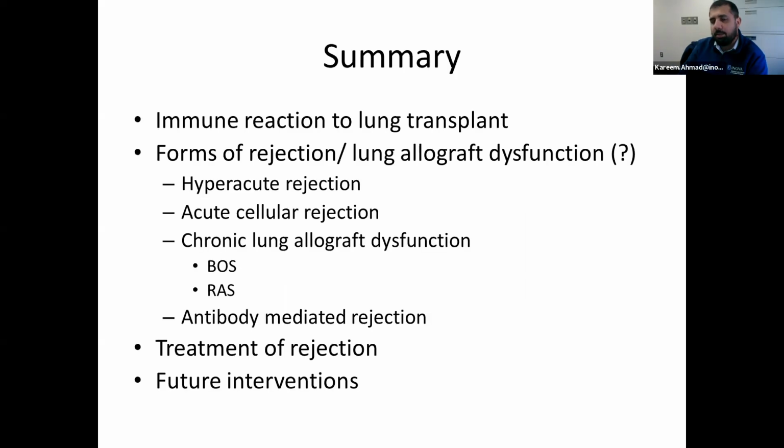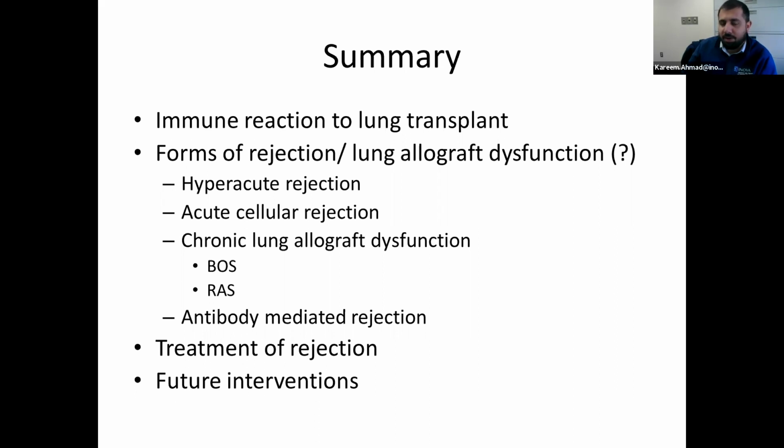Mostly what I want you to remember is the interaction between the immune system of your recipient and the allograft, the transplanted organ, and then, along the spectrum of time, how rejection evolves or changes: in the acute or even the hyperacute setting, all the way out to what ends up being very common in those who survive a significant amount of time.